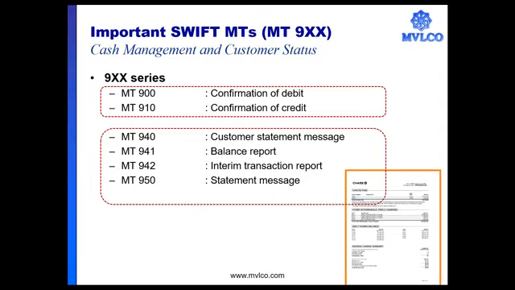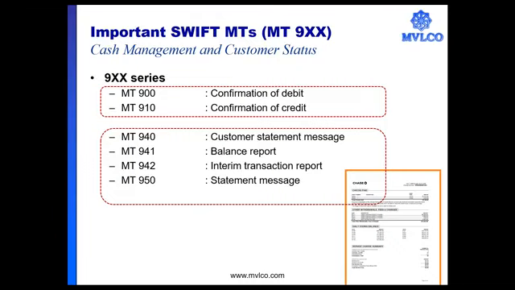Sometimes at the end of the day, you would like to receive a statement of all the transactions which have taken place in your account. In that case, you request the bank to give you your bank statement. This bank statement will consist of the opening balance, the debit transactions for the day, the credit transactions for the day, and the end of the day balance.